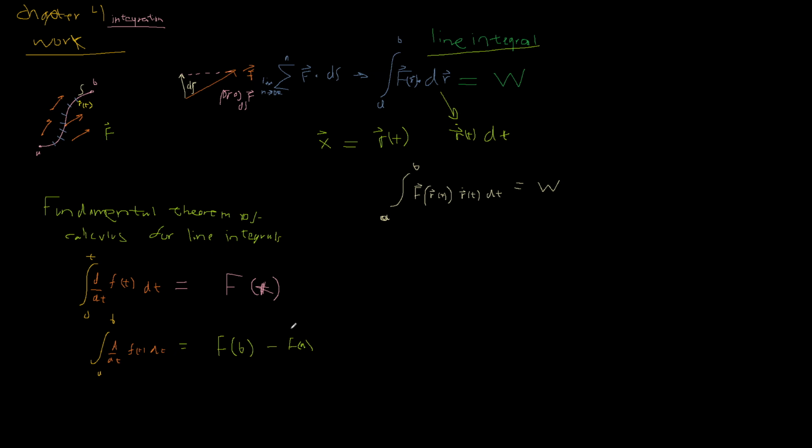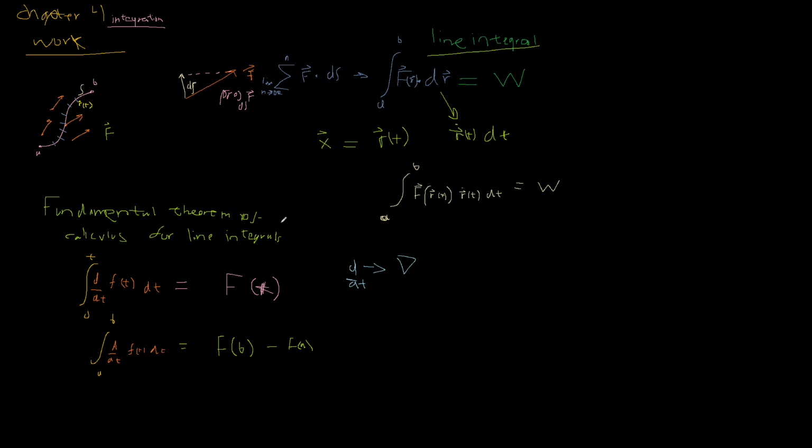So if you remember, in multiple dimensions, we do not have the same notion of derivative, but we do have a gradient. So we don't have d over dt. Instead, we have the gradient.